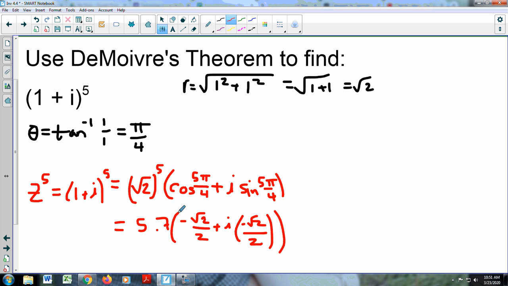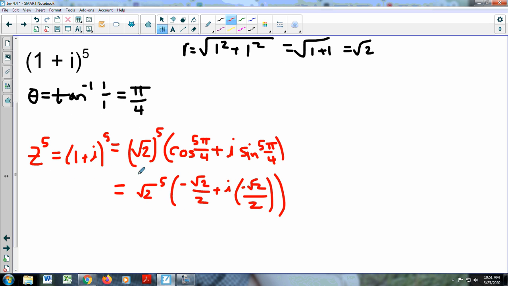And I'm actually going to backtrack a little bit here, because this one will work out kind of nice for us. I'm going to leave this as square root of 2 to the 5th, because now when I multiply, square root of 2 to the 5th times square root of 2 just gives me square root of 2 to the 6th, over 2, negative, plus i times negative square root of 2 to the 6th over 2.